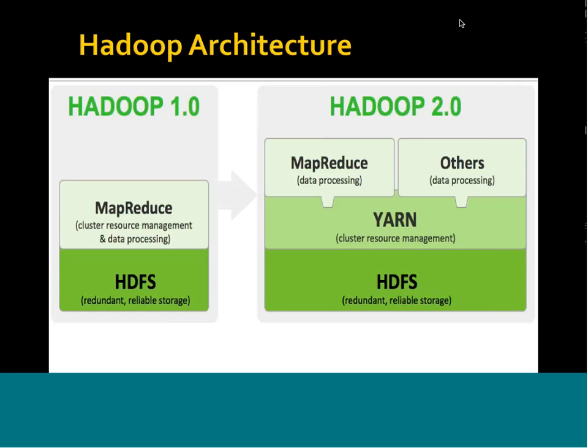Irrespective of whether one node is down, HDFS takes responsibility of replicating that data on other nodes. So reliable storage is about creating a number of copies of data. Resource management is about how many parallel processes should be started, and how your job will be efficiently managed.